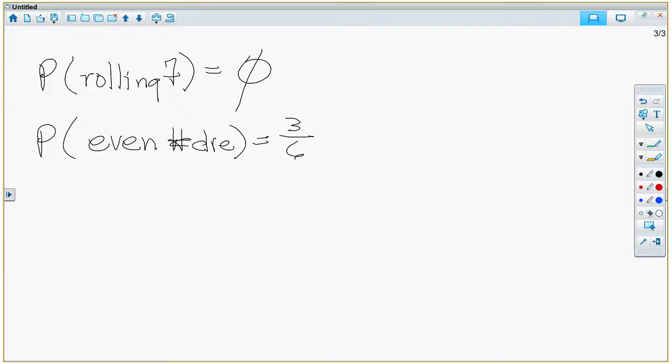The probability of a heart out of a deck of cards. 13 out of 52. Again, you have to know that there are 13 hearts in a deck of 52 cards. And if you don't know that, you pretty much have to sit there and go, ace, 2, 3, 4, and put a 12 in there like I did. I don't know why I did that, but anyway.